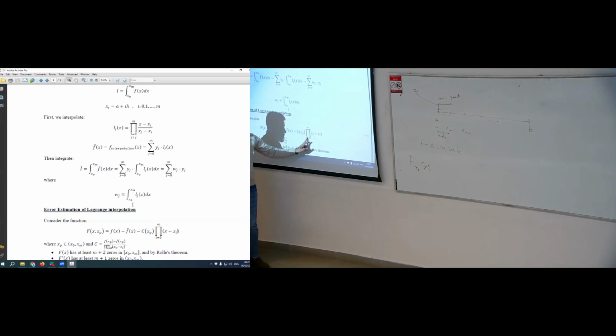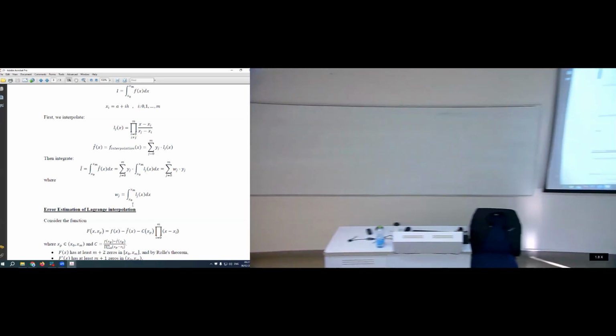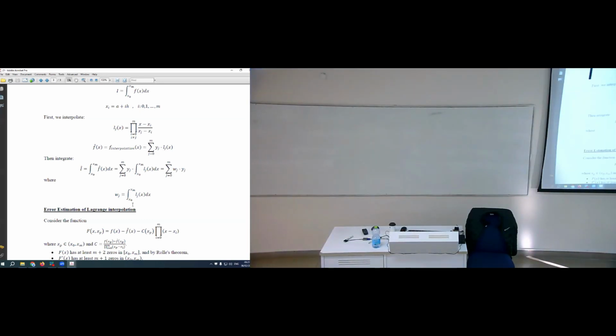And this function is also 0 at this point. And I choose the constant c so that this is 0 at xp. How can I do that? Like this. So that's the C of xp.